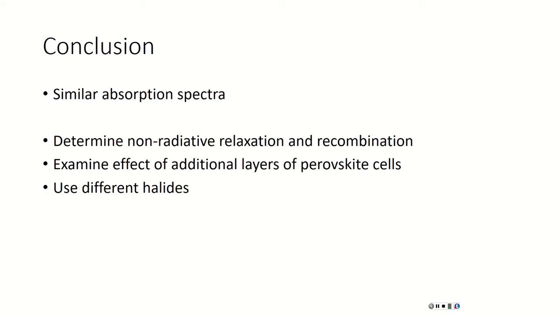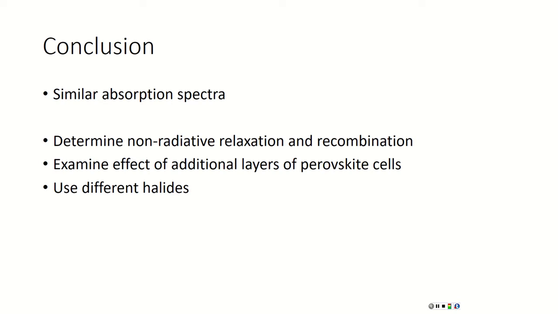So, in conclusion, we see that these two layers have similar absorption spectra, but to really determine any usefulness in photovoltaics or as a light-emitting material, we would need to determine their non-radiative relaxation rates. We should also examine the effects of additional perovskite layers.